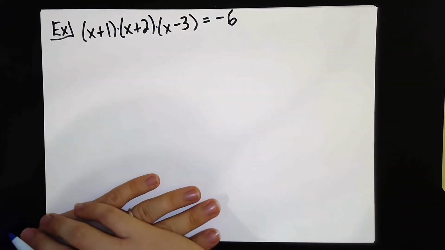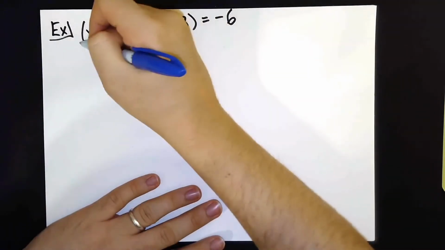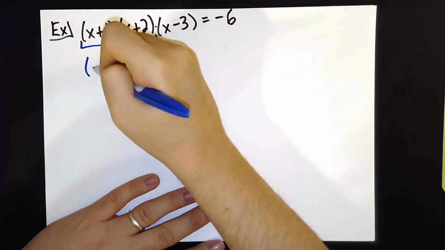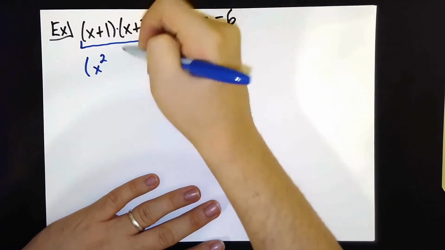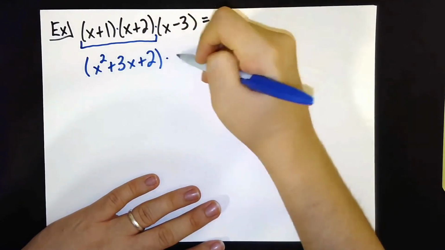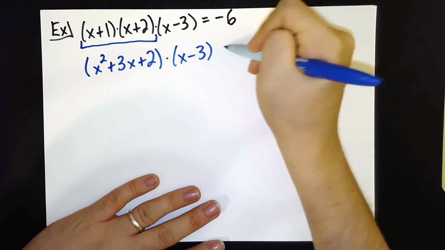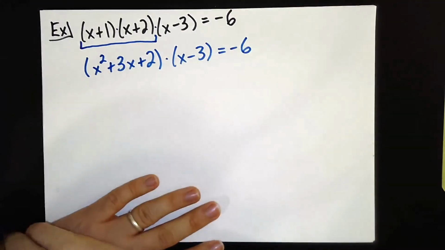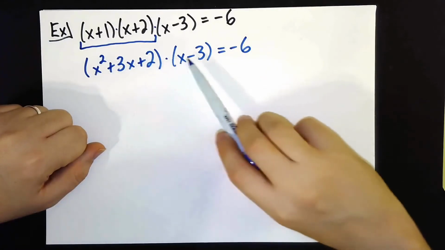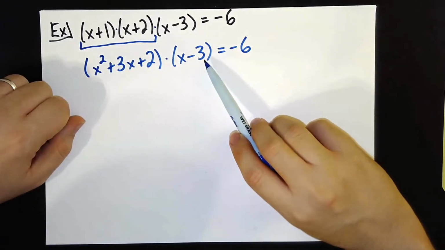All right, so I'm going to go ahead and start by multiplying these two pieces together, which will give me x squared plus 3x plus 2 times x minus 3 equals minus 6. Okay. And now I get to multiply all of this out, and so this is the messy part.